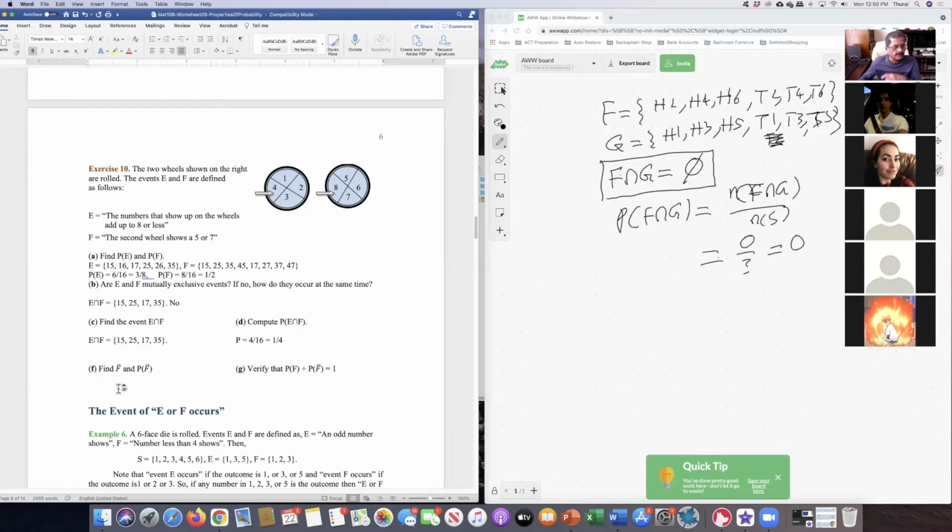And then it says find F bar, the complement of F. So that's everything that's not in F. That would be 1, 2, 1, 3, 1, 4.